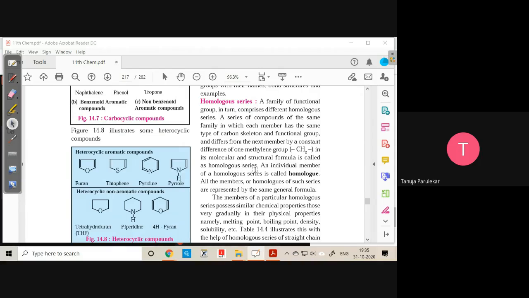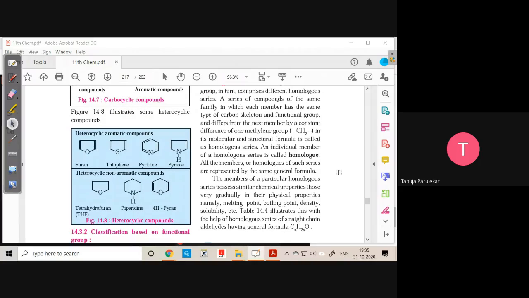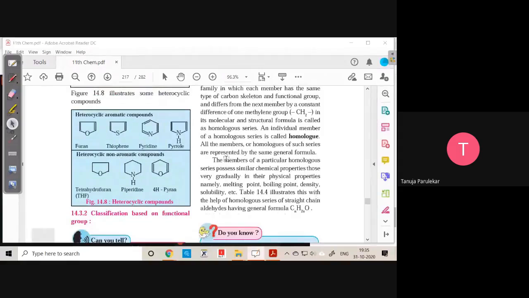So this is something called homologs. An individual member of a homologous series is called a homolog. Methane will be one homolog, ethane will be another homolog. All members or homologs of each series are represented by the same general formula.